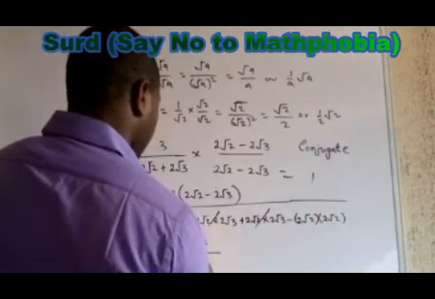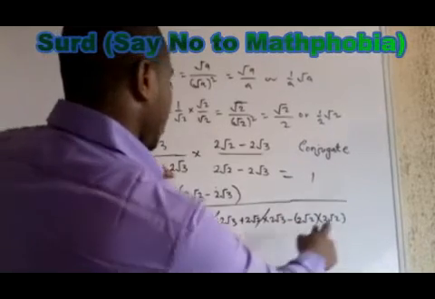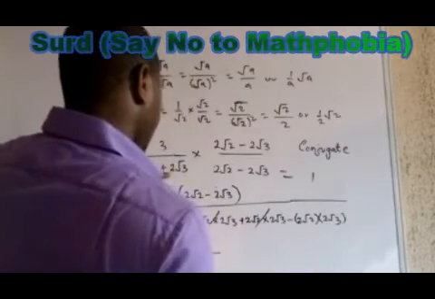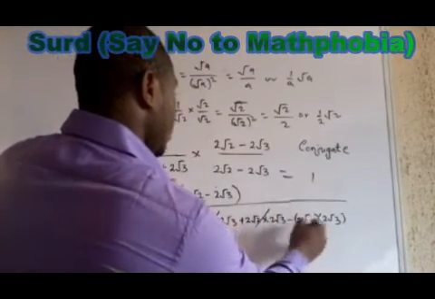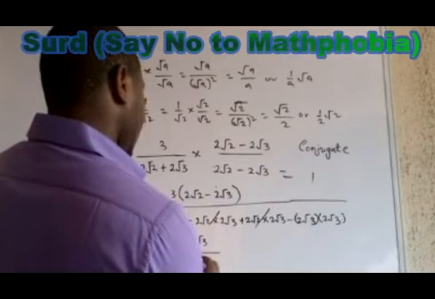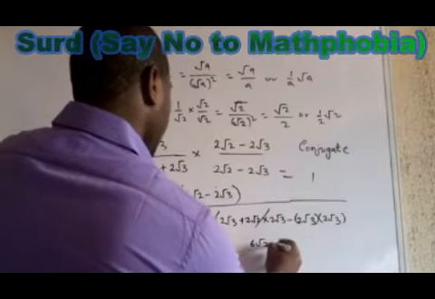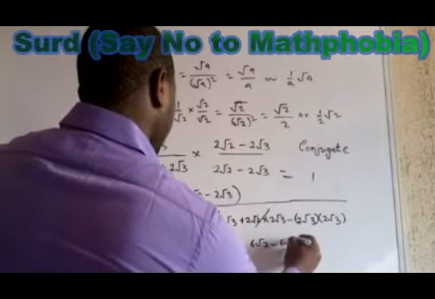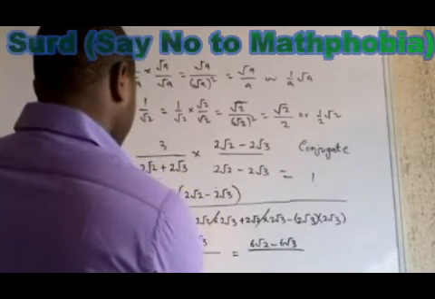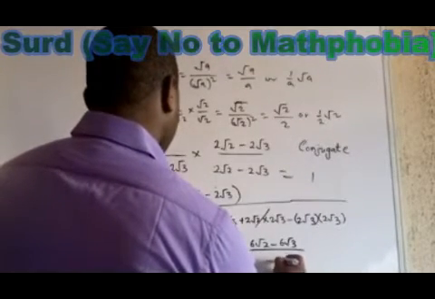This multiplied by this, we have 3. So we have 6 root 2 minus 6 root 3 upon, here you have 8, while here you have 12. The difference is minus 4.